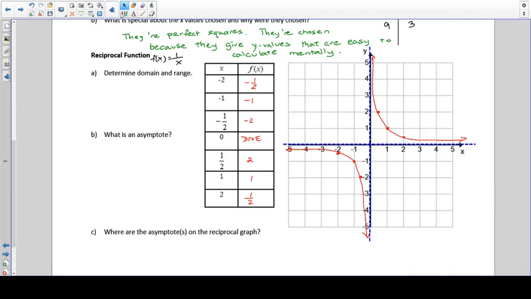This vertical one is called a vertical asymptote, and this horizontal one obviously is called the horizontal asymptote. So let's talk about asymptotes.